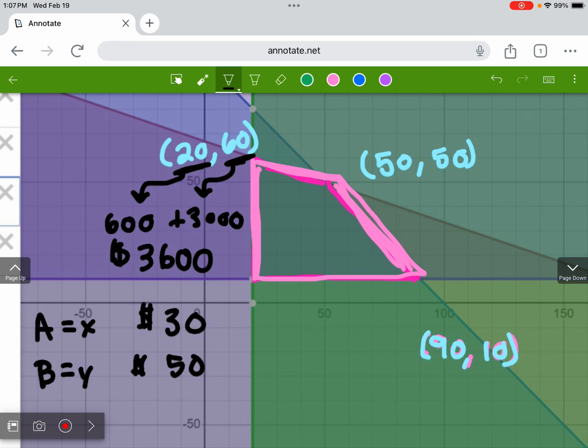Try the other two. See what's going to happen for 50-50 and for 90-10. Which one's going to make the most profit? We want to know our profit on this guy, and we want to know our profit on this guy.